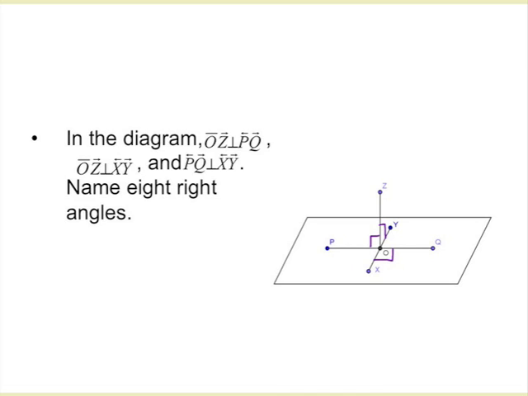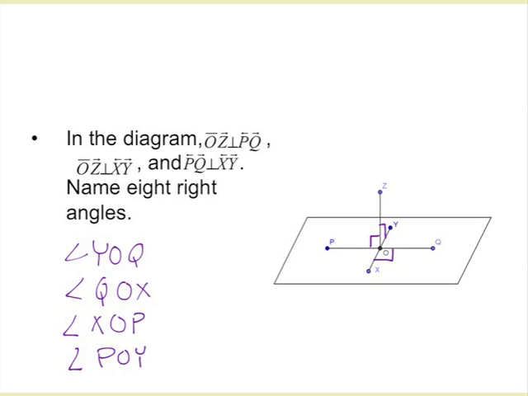To start naming them, I'm going to start in the plane with the 2 lines that are there, starting kind of at the north of it. I get YOQ. Then working my way around, I get QOX, XOP, POY. I should have 4 more, and they're going to use that floating point.